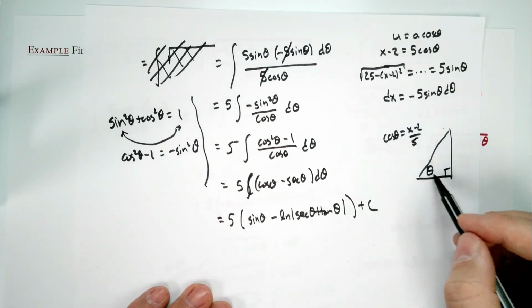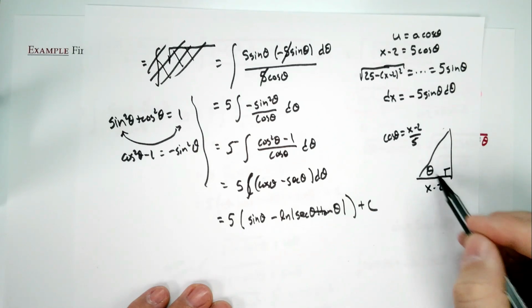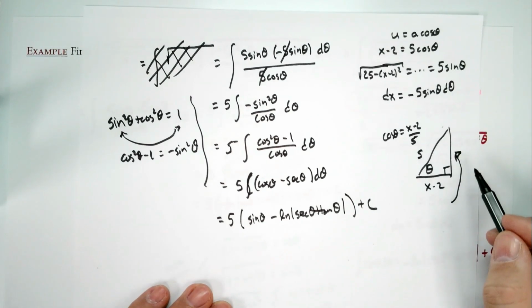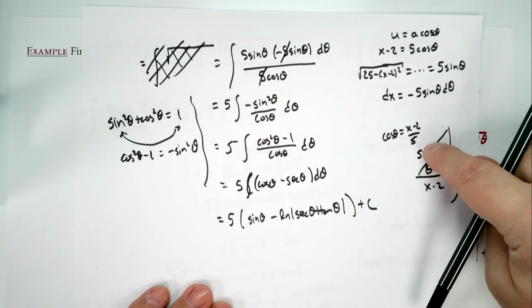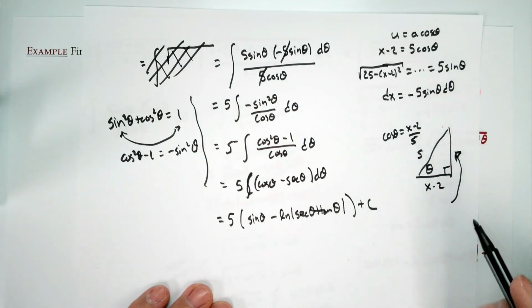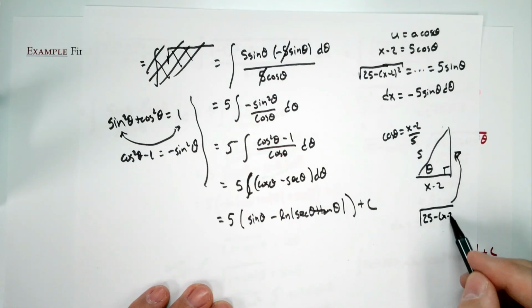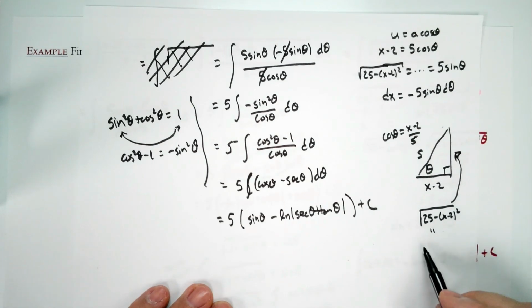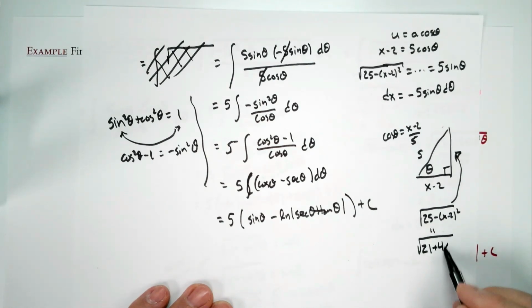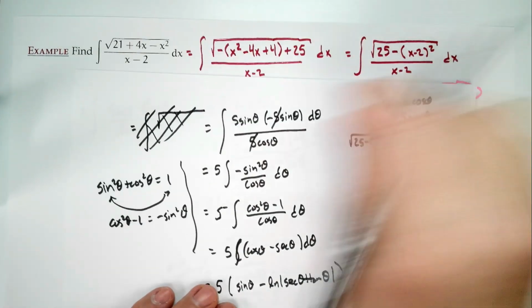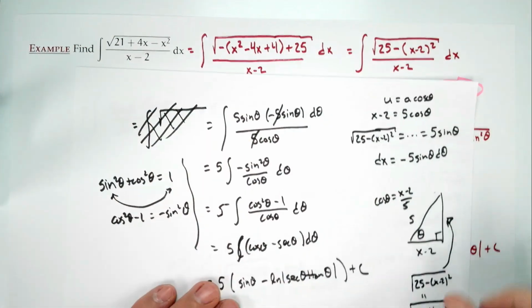So cosine is adjacent over hypotenuse. The missing side, you can probably guess, well, we would take the hypotenuse squared and subtract that squared. So that's the square root of 25 minus x minus 2 squared, which, by the way, if you clean it up, that's 21 plus 4x minus x squared. If that sounds familiar, that's because that's what we started with. So it should be familiar.